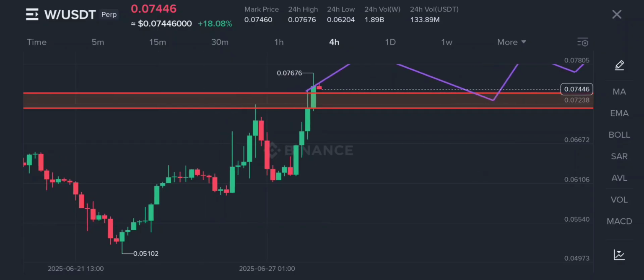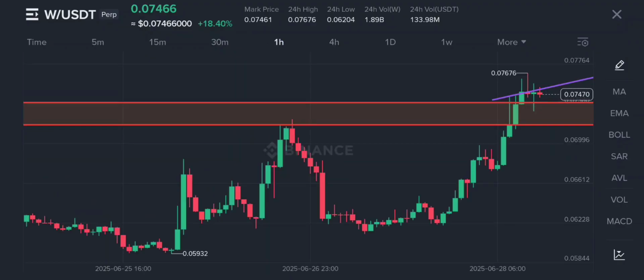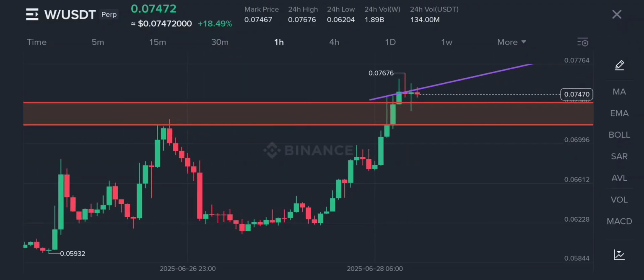So once this candle comes into our area of interest, I'm going to look for a buy opportunity.